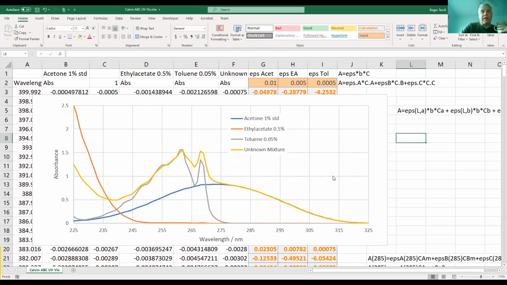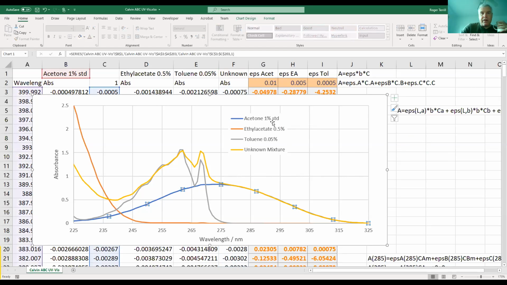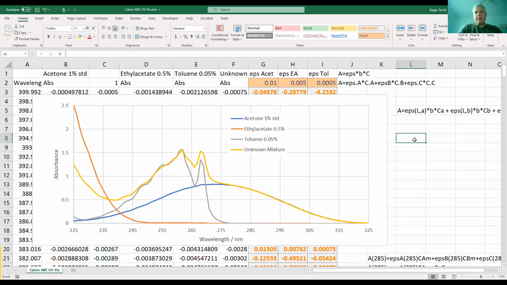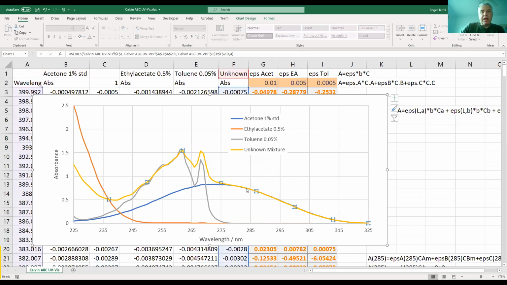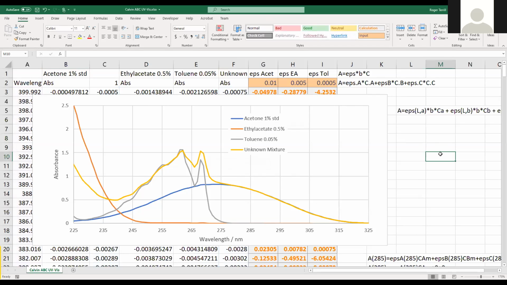But hopefully you can sort of see the idea: the acetone standard corresponds to this unknown mixture at all these wavelengths out here beyond about 280 nanometers. So the only way to have that is if the acetone concentration in the unknown is equal to 1%. Okay, that makes sense. Good.